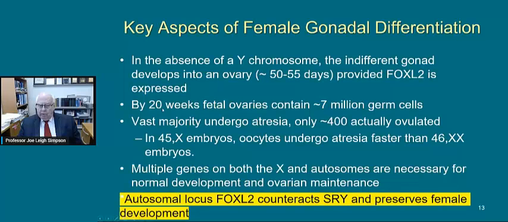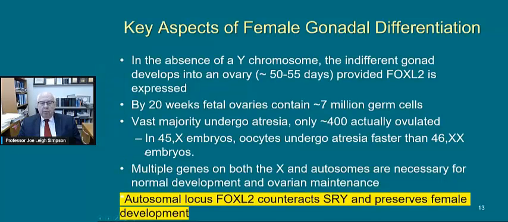So at 20 weeks, it's important to realize that the fetal ovaries contain about 7 million germ cells. The vast majority of these undergo atresia, as indeed most oocytes undergo atresia in any menstrual cycle. And there are only about 400 that are actually ovulated in a lifetime.